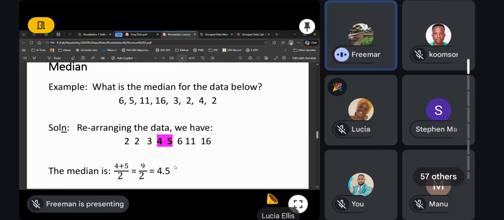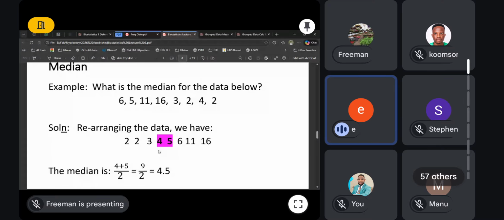I'm confused here at the median. I could see the 4 plus 5, and then the 9 down is 2. The 9, where do we get this 9 from?